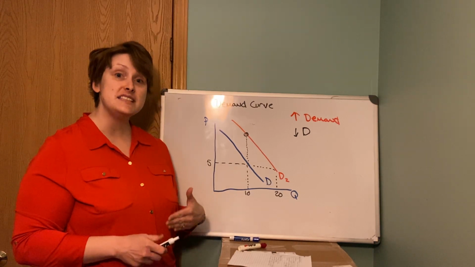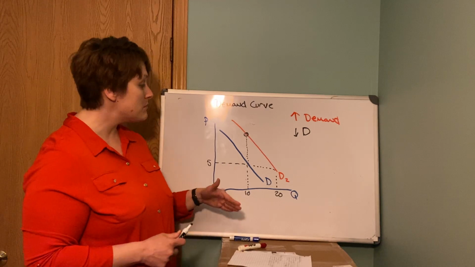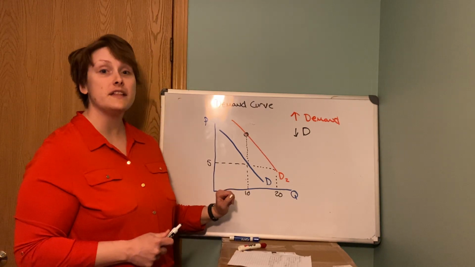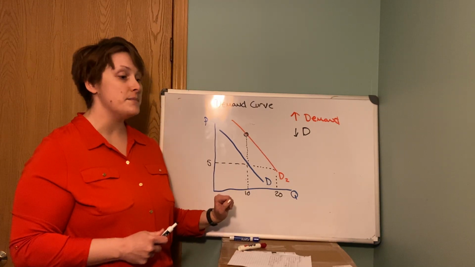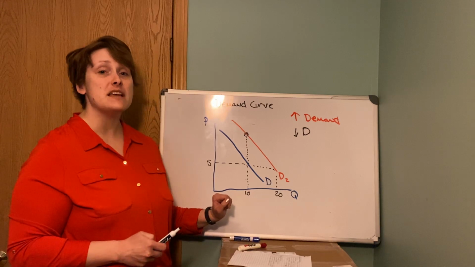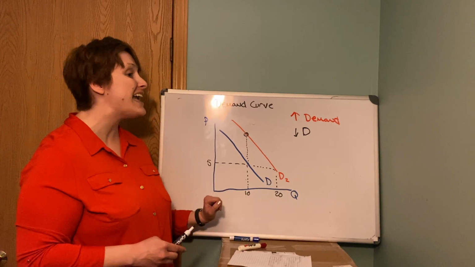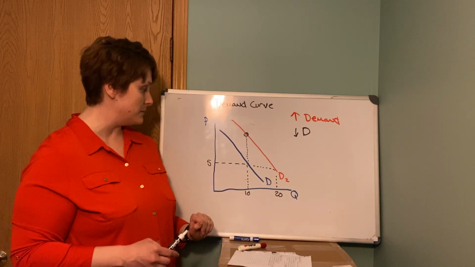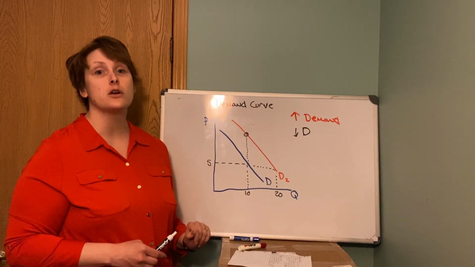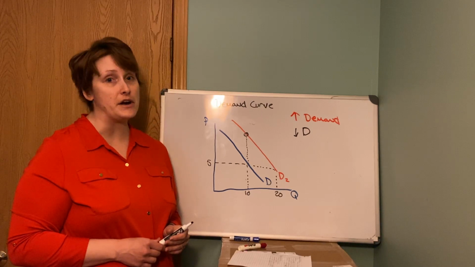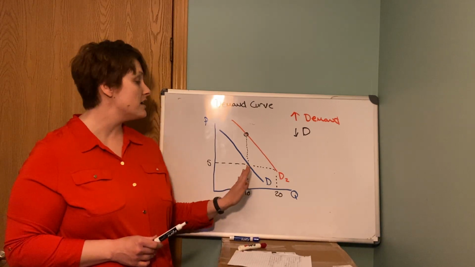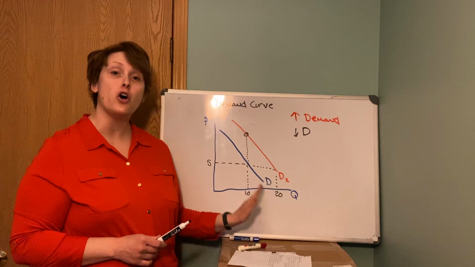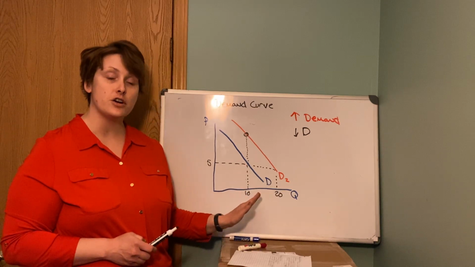So if our demand decreases, at the same price, we are willing to demand less. At the same quantity, we are willing to pay less. So this is our simple shifting mechanism. And in our next video, we're going to go over the exogenous variables that actually make these shifts happen and cause our demand curve to shift.